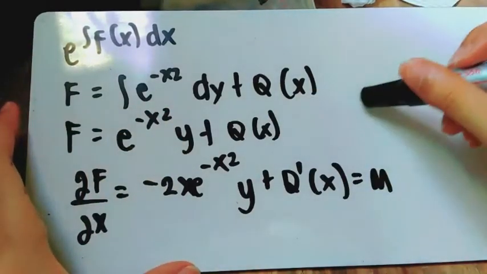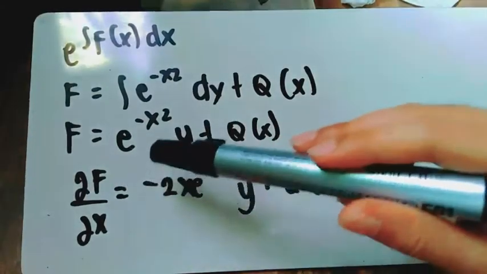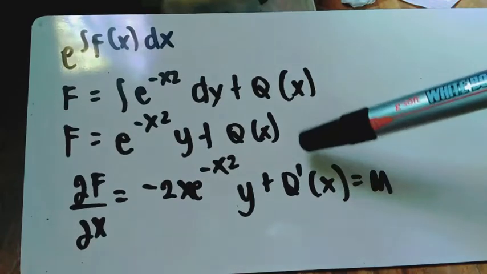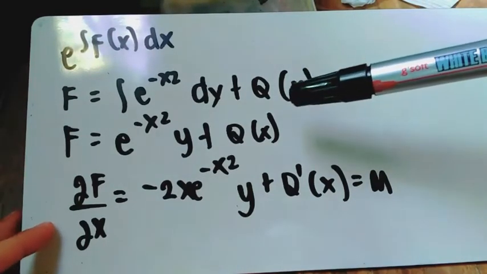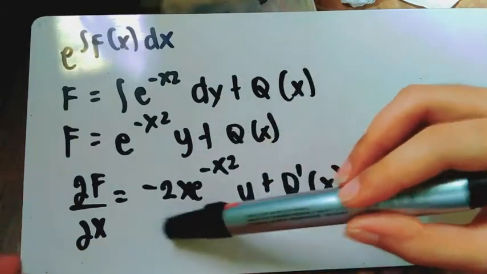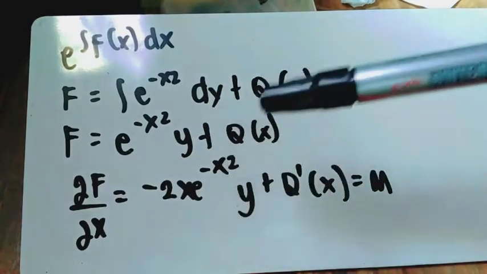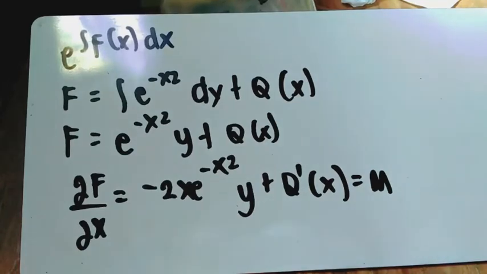Integrate. f is equal to e raised to negative x squared y plus g of x. Partial of f with respect to x is equal to negative 2x e raised to negative x squared y plus g prime of x is equal to m.